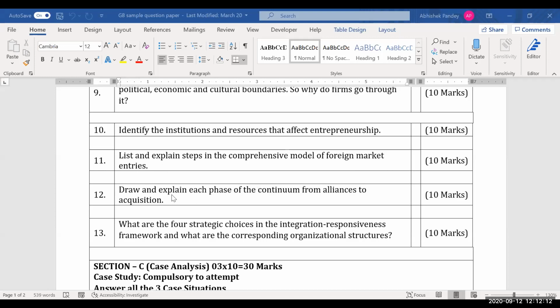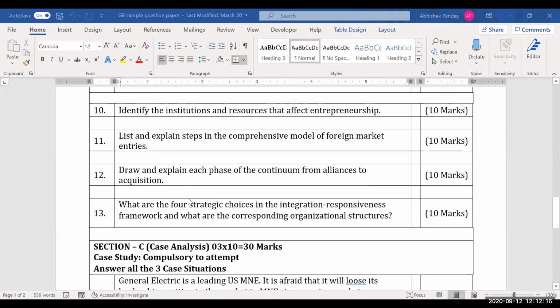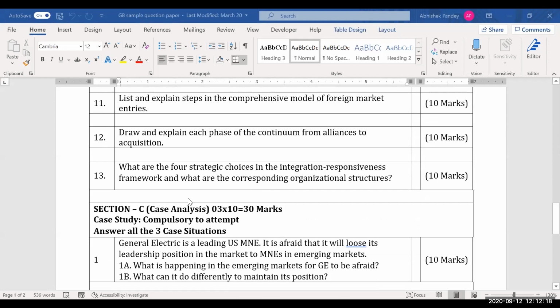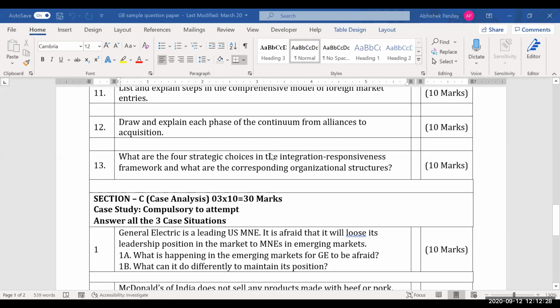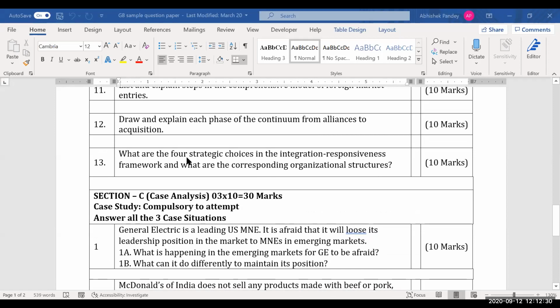So these are relatively bigger essay questions. Alliances to acquisition, we saw that, right? One slide from alliance to acquisition in our last session. So these are bigger questions. And we just finished this one, 4 strategic choices in the integration responsiveness framework, which is localization, replication, and then transnational, right?